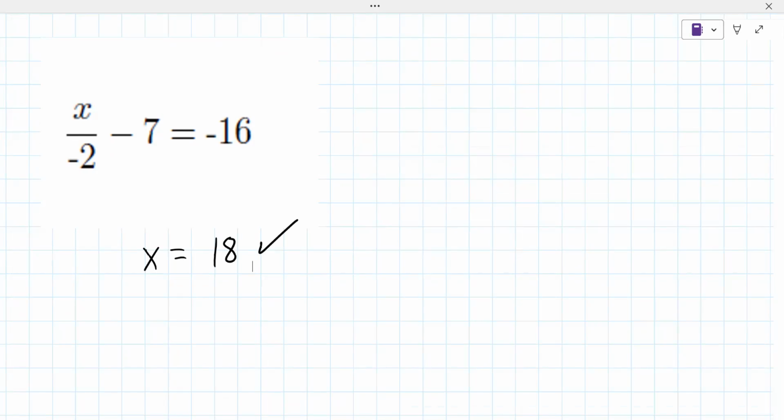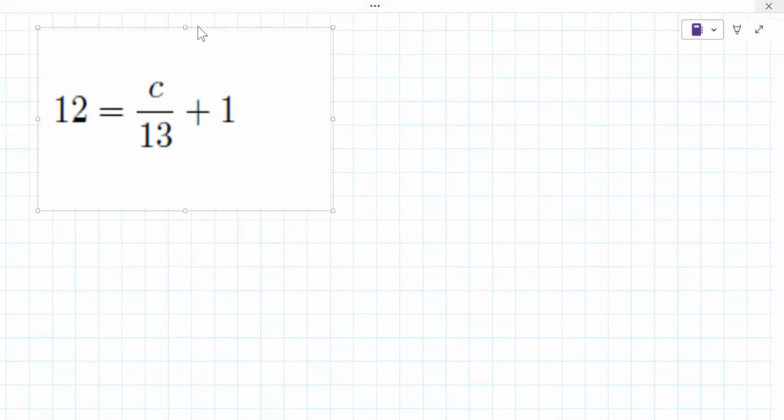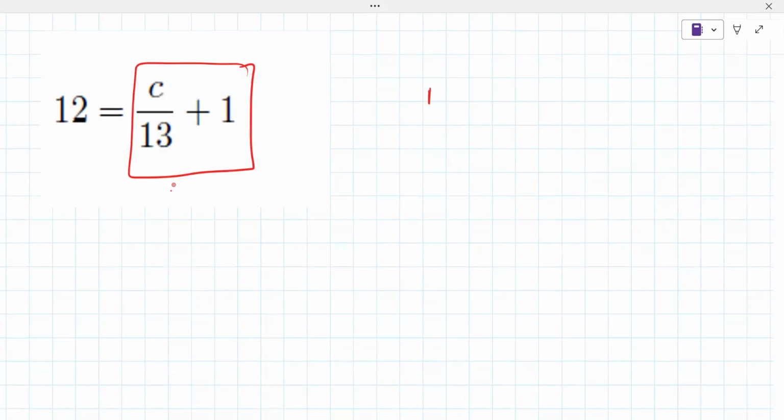Okay, let's look at some other examples here. So here's another example. Okay, so again, you always go to the side with the variable. Side with the variable is the right side. You're like, what do I see? I see division. I see addition. So you undo division with multiplication, you undo addition with subtraction.